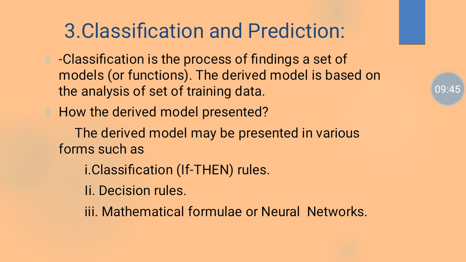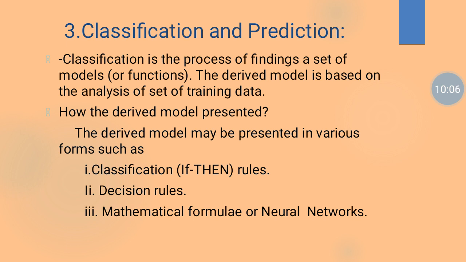How can the derived model be presented? The derived model may be presented in various forms such as classification if-then rules, decision rules, mathematical formulas, or neural networks. These are all the ways we can present the derived model.